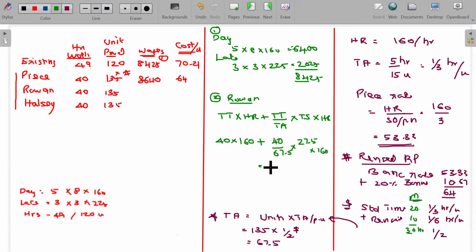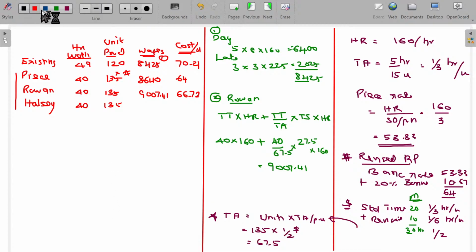Come on, get me the final value. Hope it is 9,007.41. And cost per unit being 9,007.41 divided by 135, 66.72.